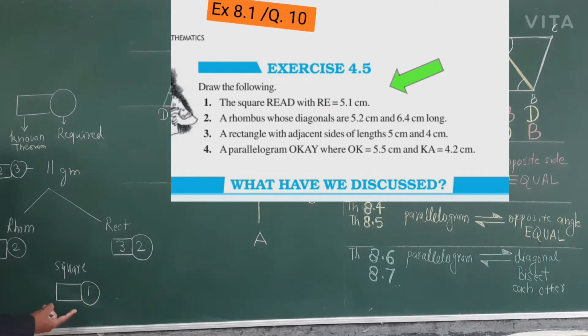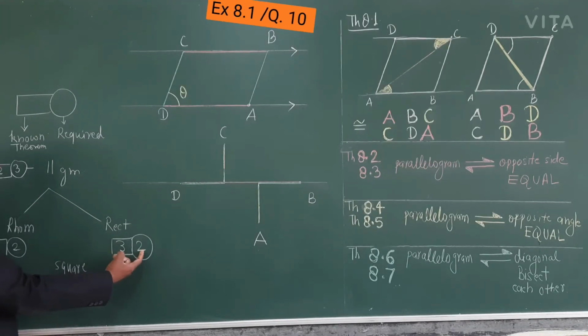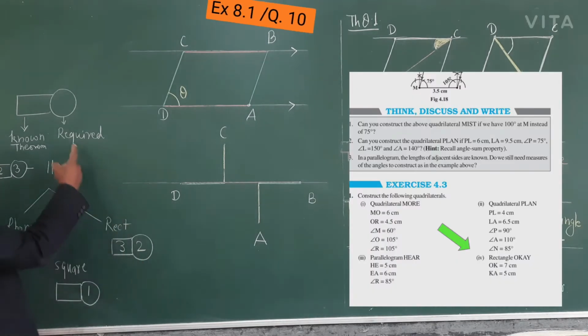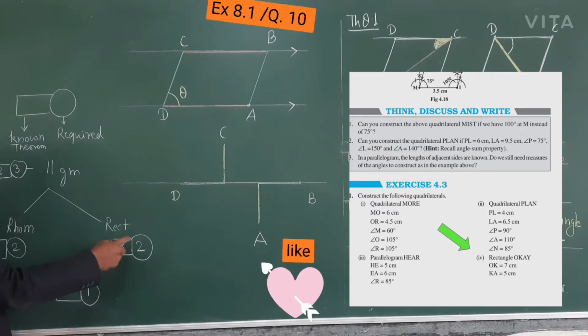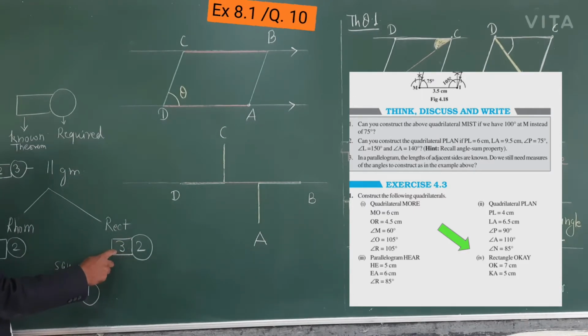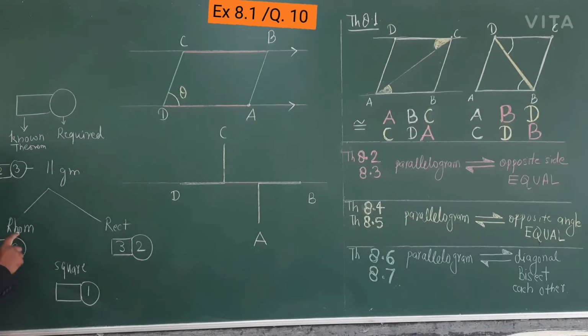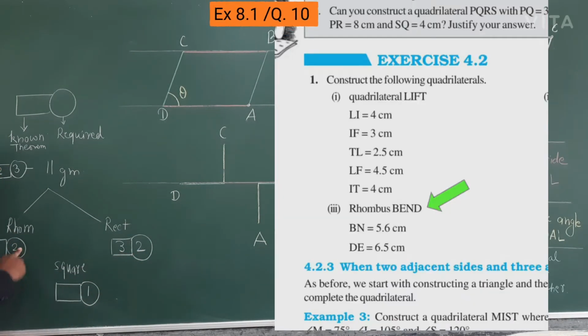But in a rectangle, two things are required, length and breadth, and except these we know all other things, like the right angle and the diagonals being equal. Similarly in a rhombus two informations are required, and the three things we know through theorems.